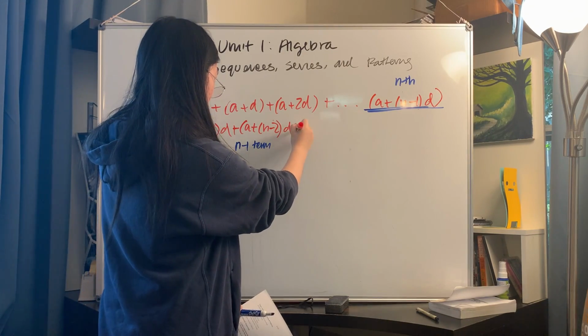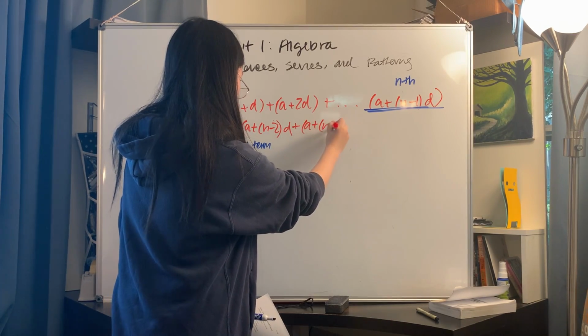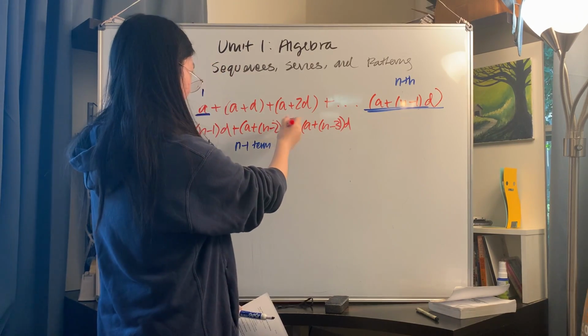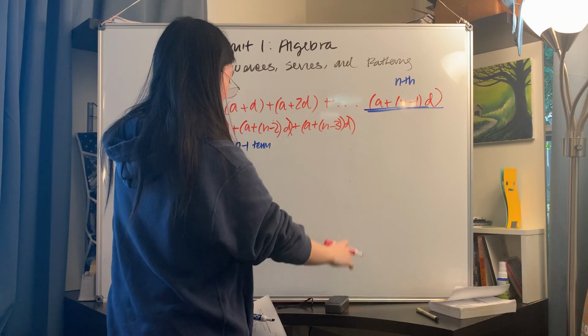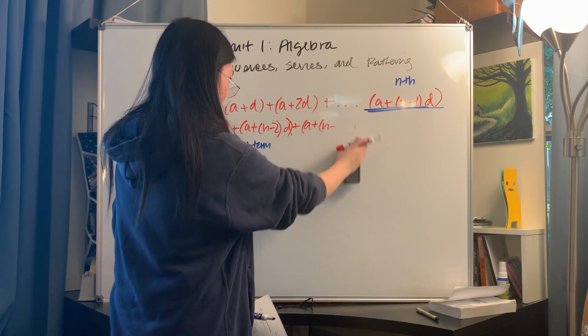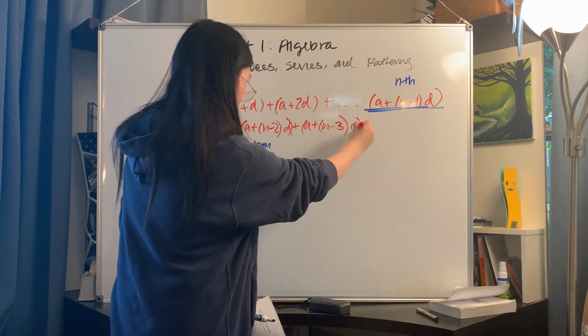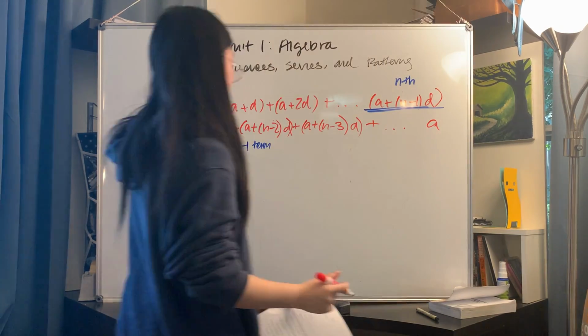And then the third term would be A plus (n minus 3)d. Oh, I've been forgetting parentheses. Whoops. And so forth until we get to A.